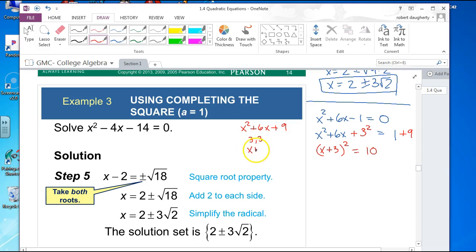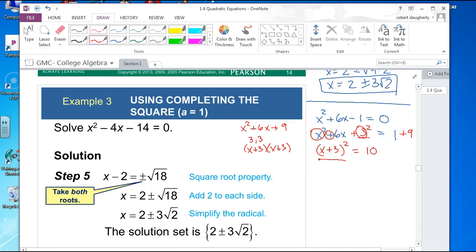So this is x plus 3 times x plus 3. The reason I write this as add 3 squared instead of just adding a 9 is that when you come to factor this, it's going to be x, whatever this is, plus this. So it's x plus 3 squared equal 10.